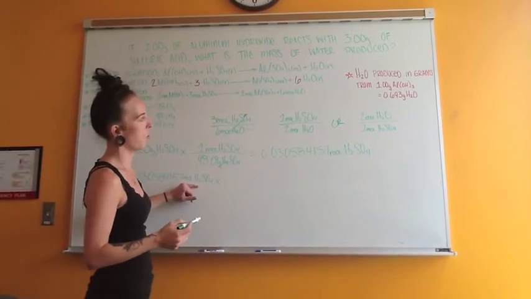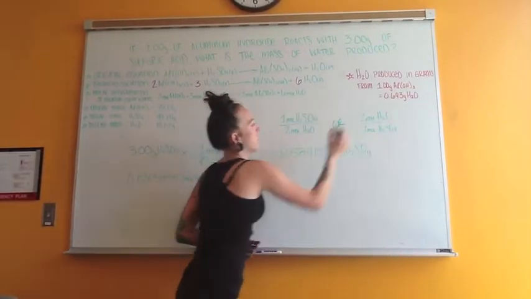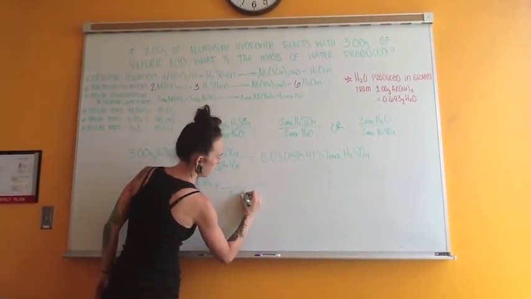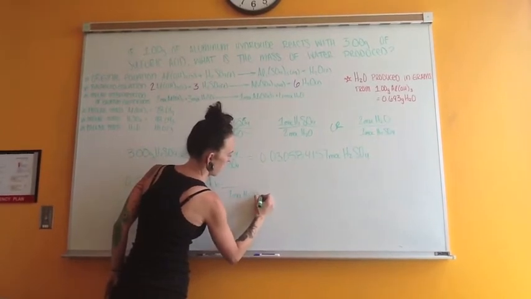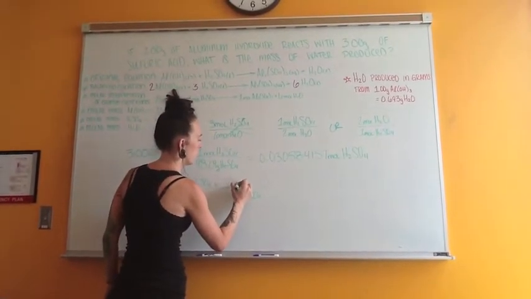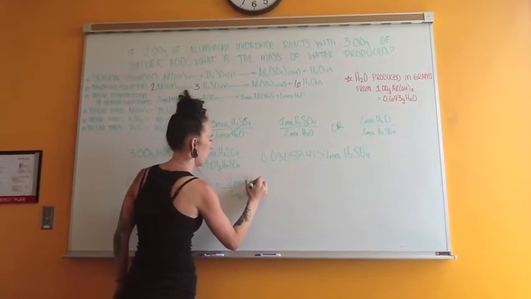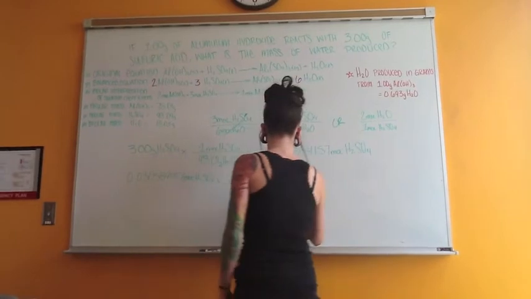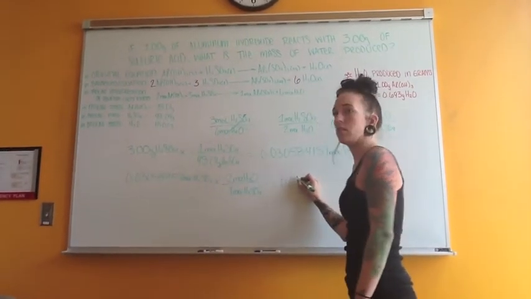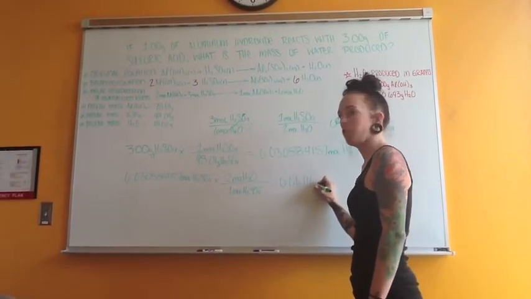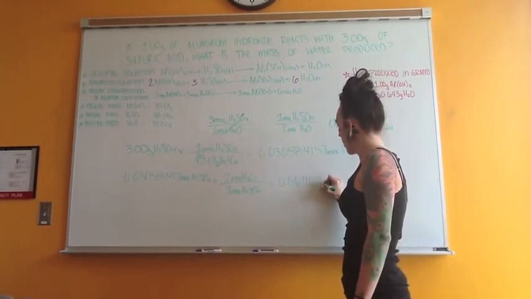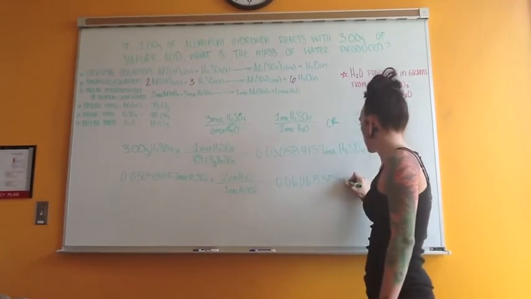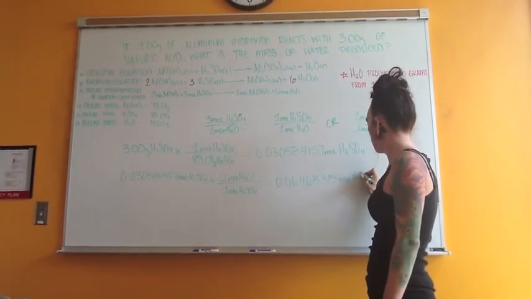We are canceling out moles of H2SO4, so that goes on the bottom. And our 2 moles of water on top. Get rid of your unwanteds, multiply across, and that leaves you with 0.0611, bunch of numbers that we are not rounding in between. And that is our moles of water.